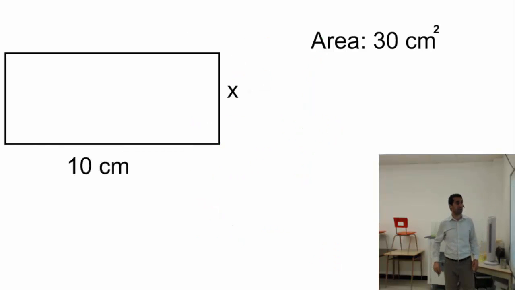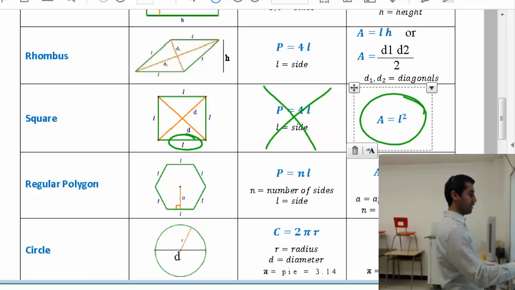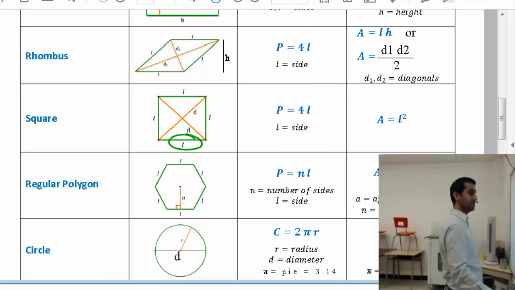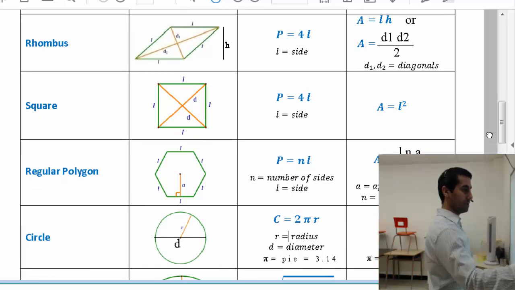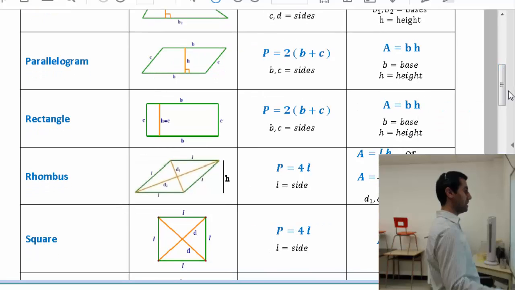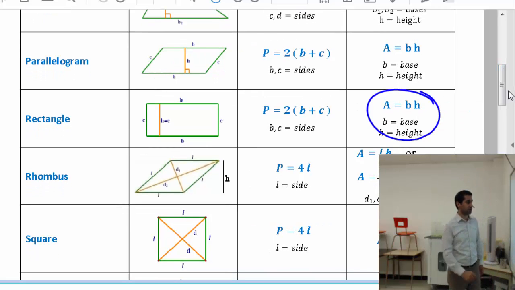Let's now do a different example. Now we are talking about a rectangle. I need to write down the area formula for the rectangle. That's the first thing. And area for the rectangle is, let's clear this too, right here, BH.